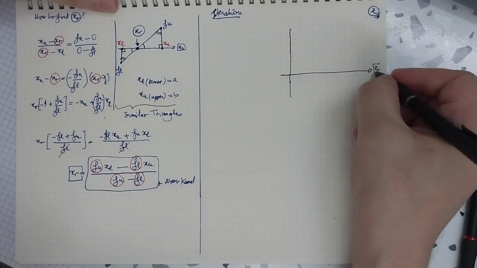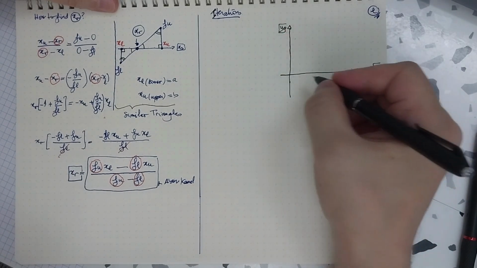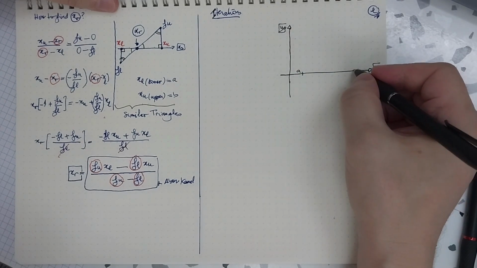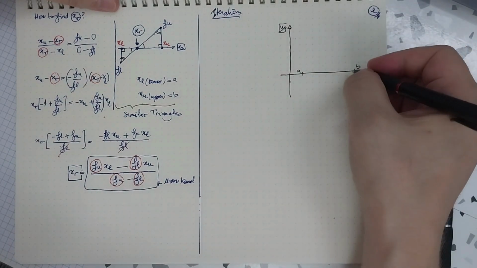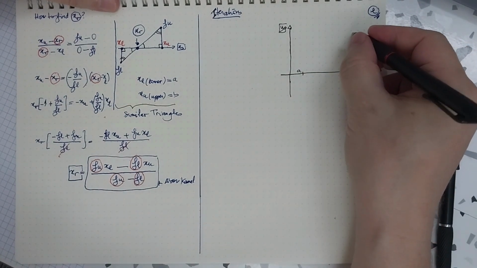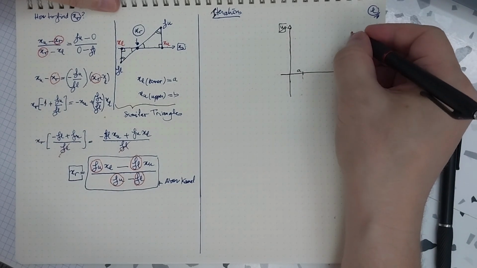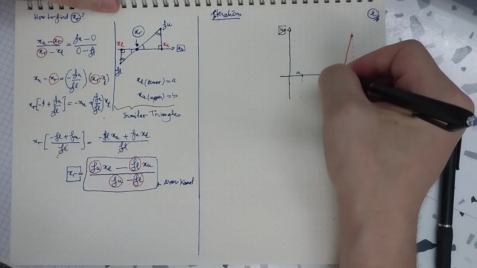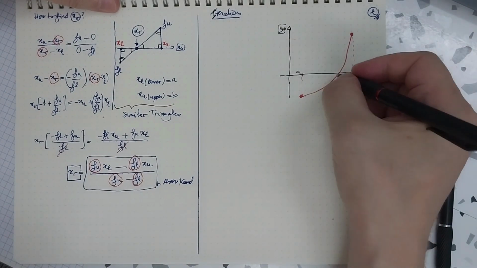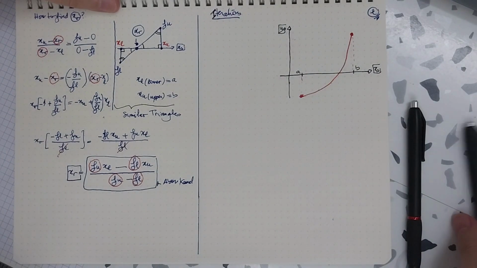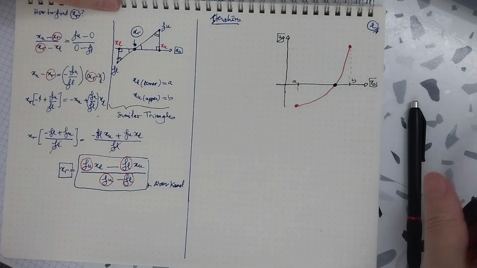This is the x-axis and this is the y-axis. This is A and this is B. And our curve should be like this. And this is the root, the true root we are looking for.